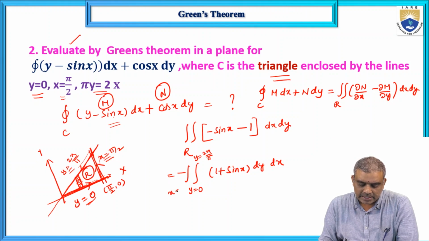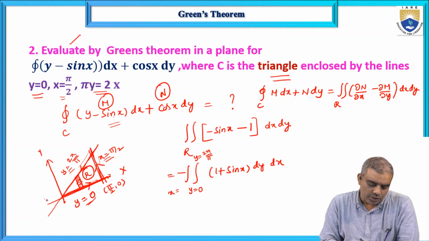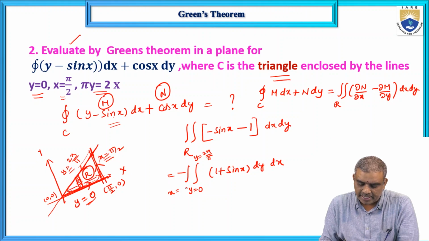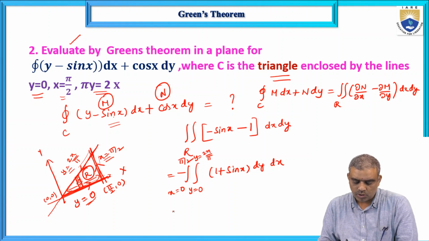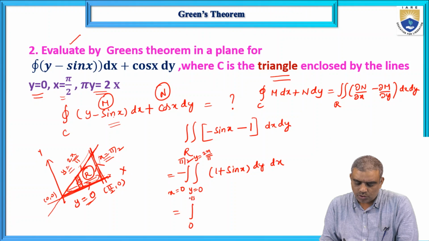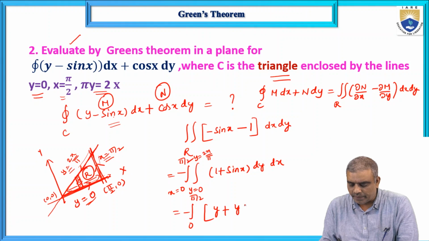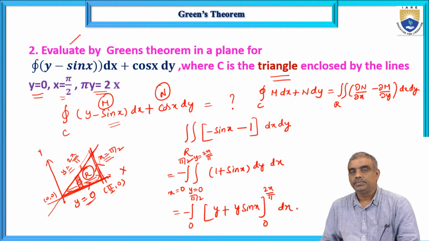And what is the limit x varies from? x starts at 0, and up to this point we have to vary it. That is 0 to pi by 2 is the x limit. Up to this, I hope it is clear. So, 0 to pi by 2 minus, on integrating with respect to y, we get y plus y sin x between 0 and 2x by pi, dx.